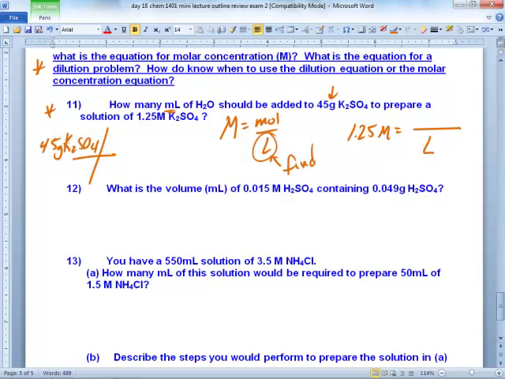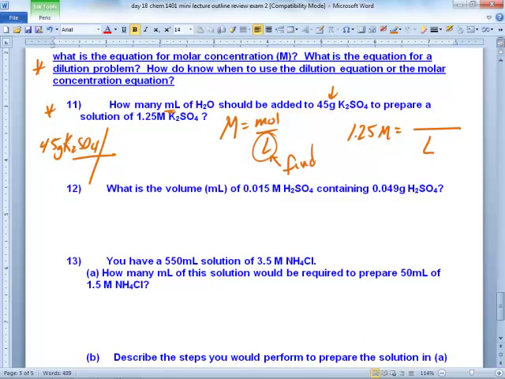Probably easier for me to read than him. About 39.1 plus 1 S, about 32.1, right? Plus 4 oxygens, 4 times 16. So I get about 174.3.